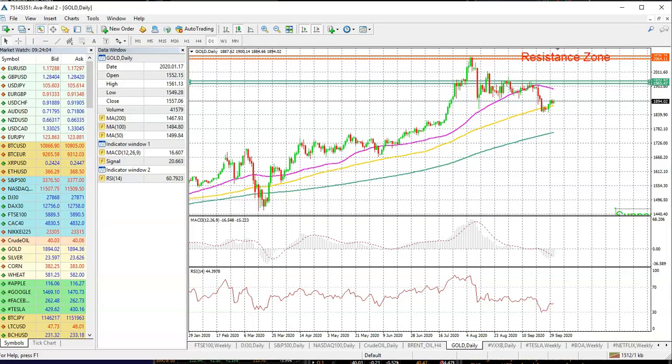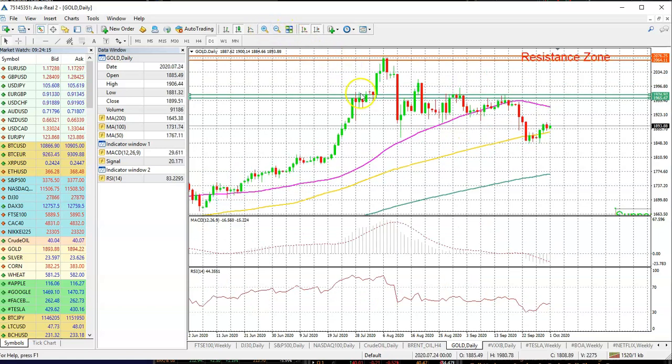So again, going back to the conversation of gold prices with respect to its support and resistance zones. Now, what is a support and resistance zone? A resistance zone, as you can see right over here, is an area where prices are likely to return or reverse their momentum.